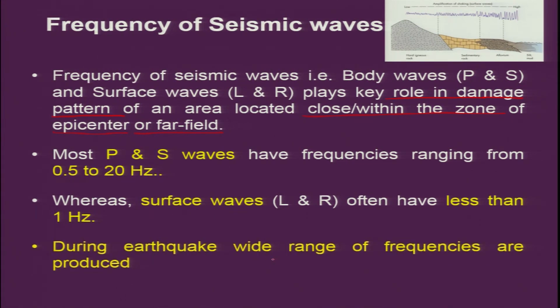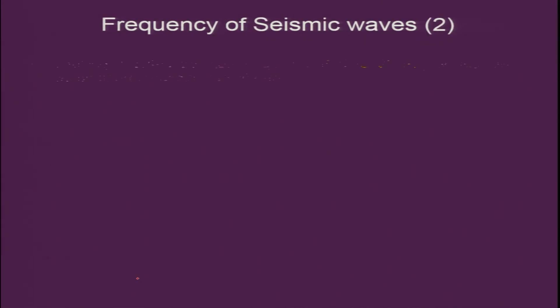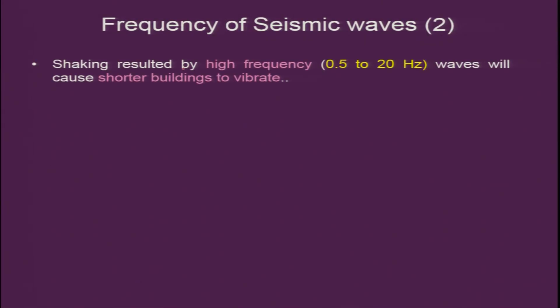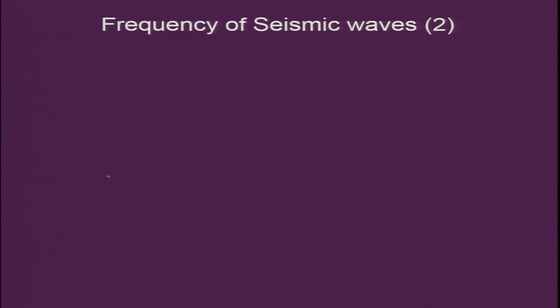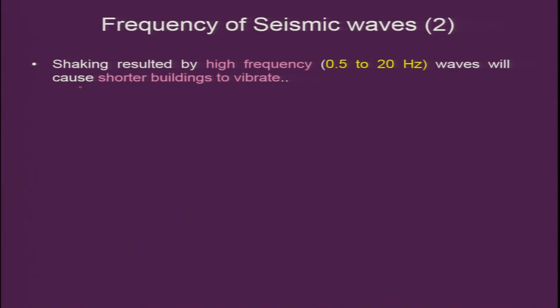So, during an earthquake, a wide range of frequencies of seismic waves are produced. Shaking resulting from high frequency waves, which are 0.5 to 20 hertz, that is your body waves, will cause shorter buildings to vibrate. If you have low story buildings, they will vibrate during the body waves.